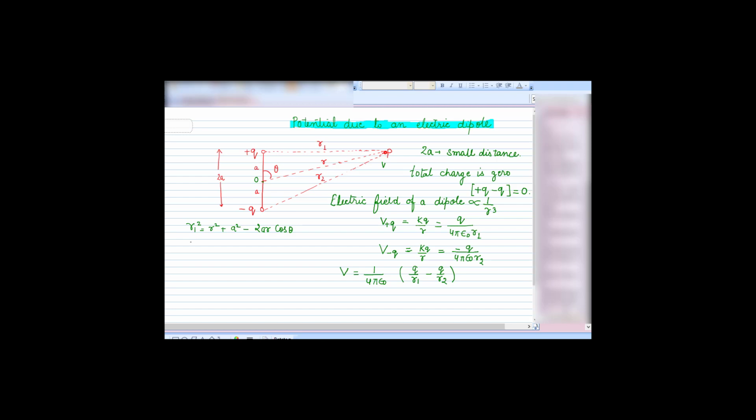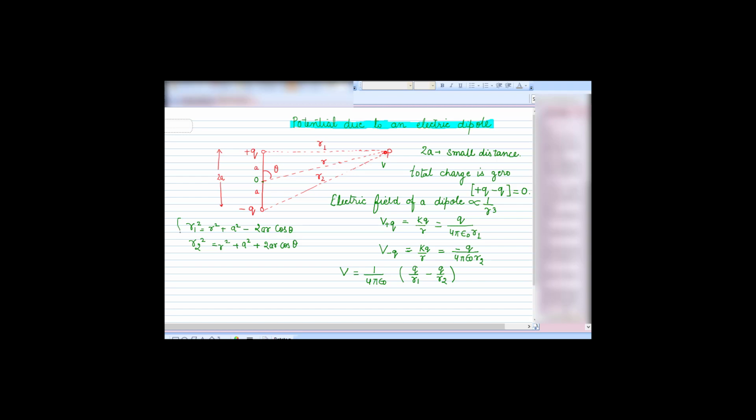If you take this triangle, similarly we can take the triangle O minus Q P, and we can write down r2 square is equal to r square plus a square plus 2ar cos theta, right?